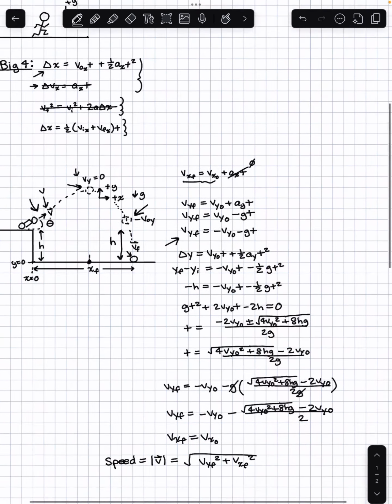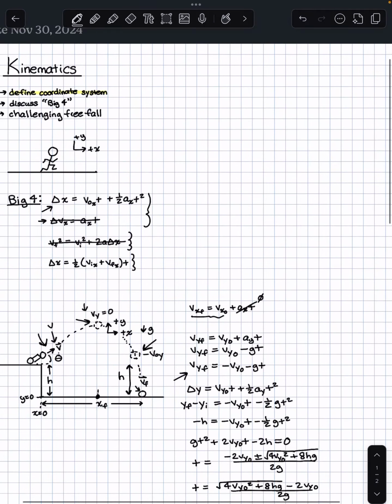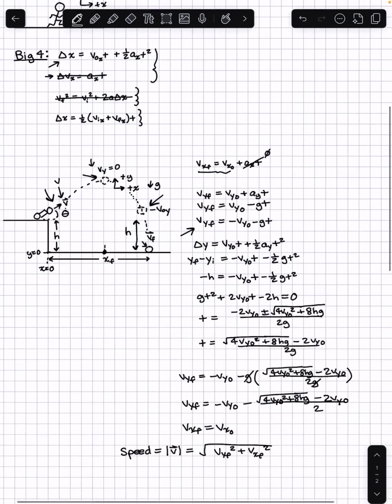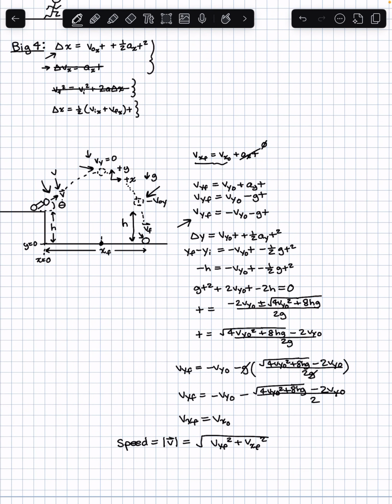This might be a very unintuitive process or seem unnecessarily complicated. And while I would encourage you to think about kinematics problems more for the sake of practice and to get more comfortable with it, I also want to agree with you.